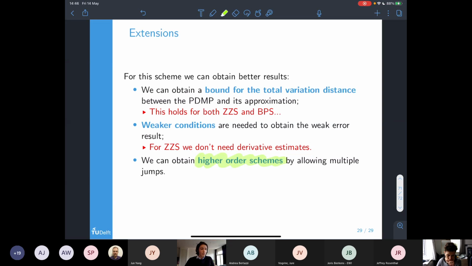The reason why we need that is that having the process have two jumps is an order delta squared event. So if we want to somehow avoid having that error, we have to allow for this possibility. There are also some other technicalities there, but it's quite straightforward to show that you can obtain higher order schemes in this case. So, okay, yes, that's what I wanted to say today.